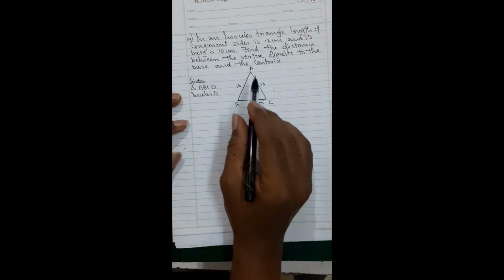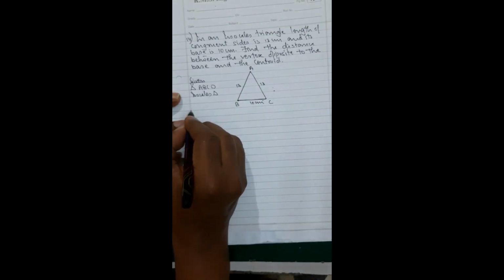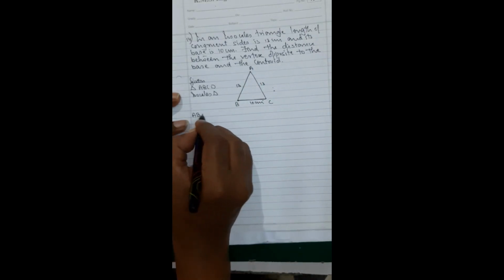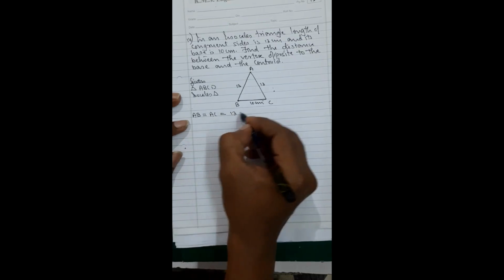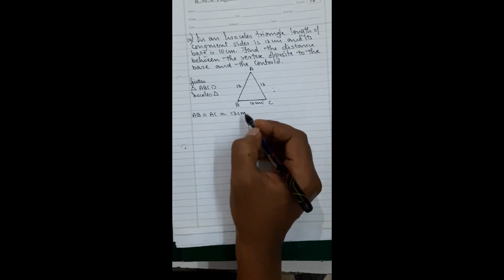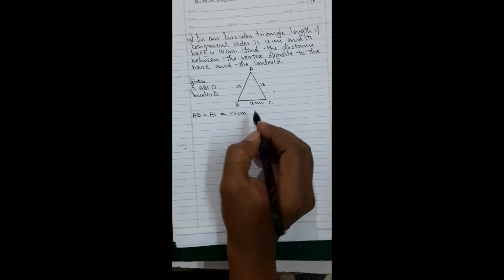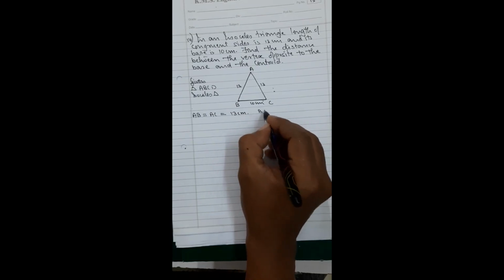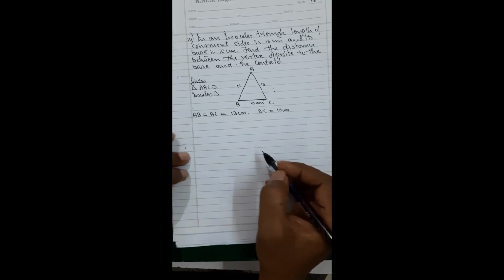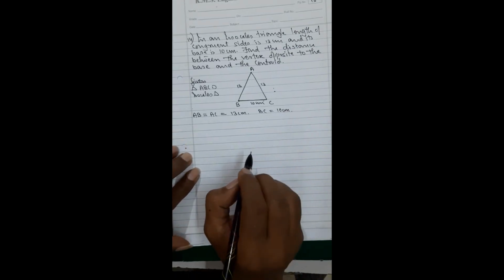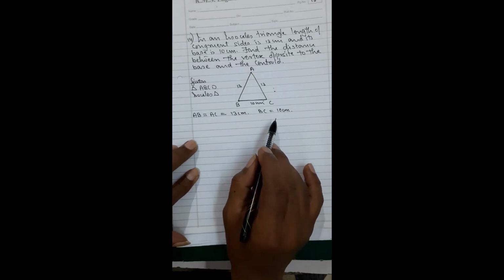This is one thing that I have got. And then AB is equal to AC is equal to 13 centimeter, fine, and BC is equal to 10 centimeter, fine. That's all.